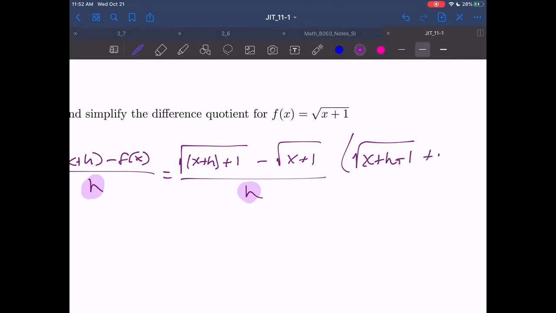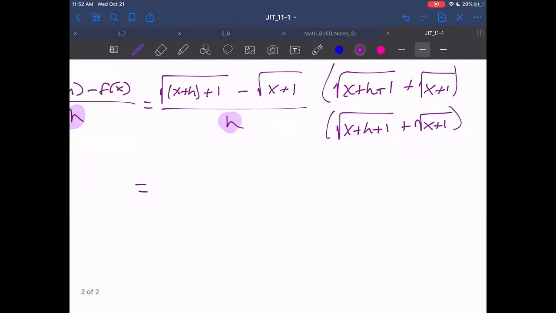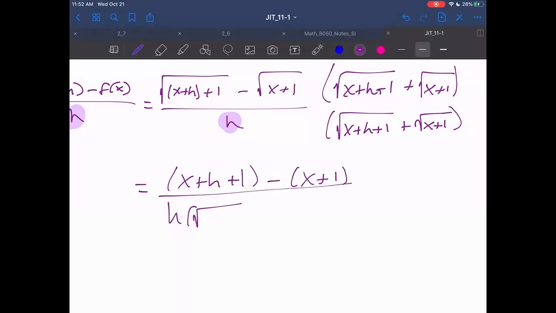We multiply by our conjugate. And so then we're left with (x plus h plus 1 minus (x plus 1)) over h times (root x plus h plus 1 plus root x plus 1).